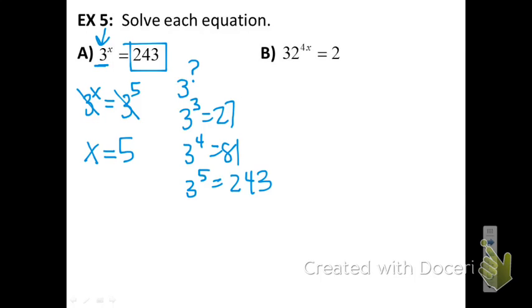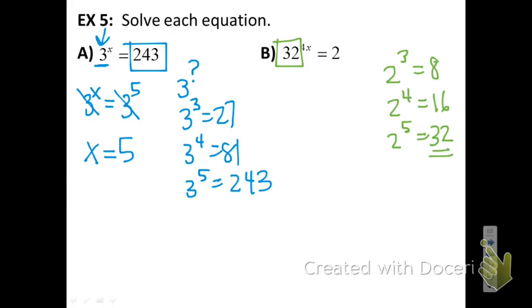So on B, same idea applies. We want to say, how can I make this 32 become a 2? Or, sorry, have a base of 2. So I think we talked about a 2 to the 3rd is 8. 2 to the 4th is 16. 2 to the 5th is 32. There it is, right there, 32. So we're going to replace that 32 with a 2 to the 5th. Now there happens to be a 4x there, so we have to leave that.